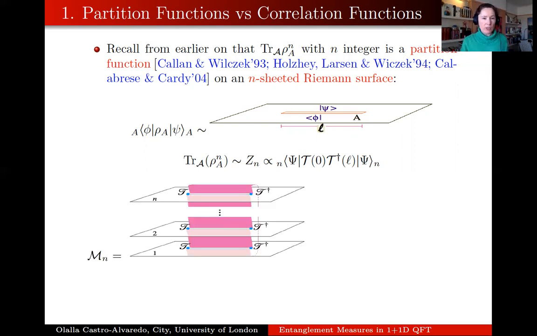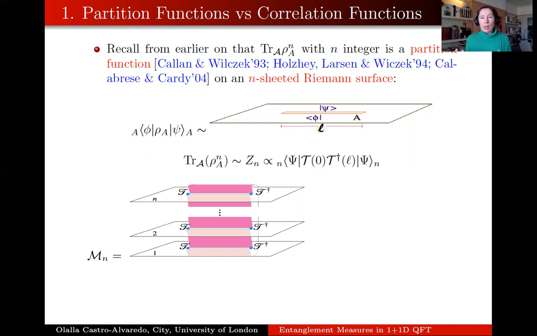So in this picture, what is happening is that we still have this Riemann manifold, but rather than trying to compute the partition function on this complicated geometry, we are replacing that geometry by a correlation function. The price we pay is that the correlation function we are computing is a correlation function on a replica theory, because these n sheets match with n copies of the quantum theory we're looking at, non-interacting, but still.